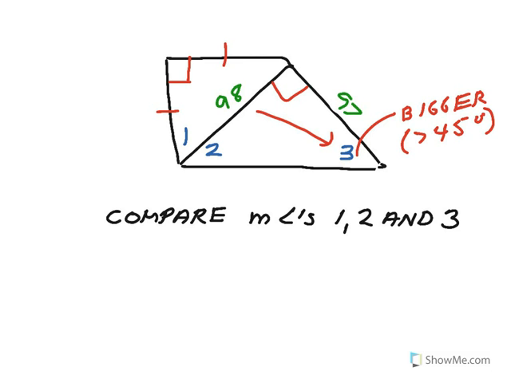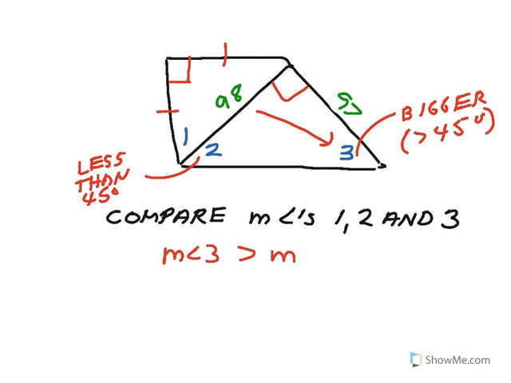And I know that angle 2 now has to be a little bit less than 45 degrees. Okay, and I know that that's smaller now than angle 3. So for starters, I can say, okay, angle 3 for sure is bigger than angle 2.